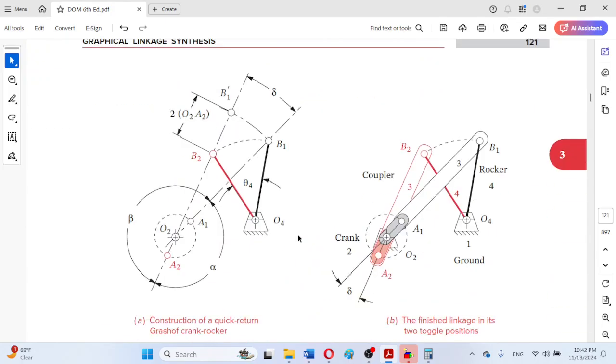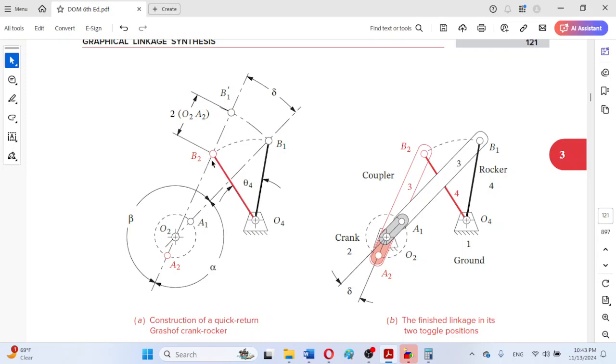So I will be explaining the procedure from this diagram briefly. In a similar manner as previously explained, we will be assuming some suitable size or dimension for the rocker, because that is the output, so the output is already defined as our requirement.